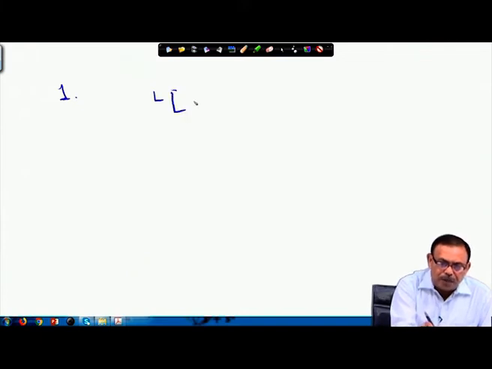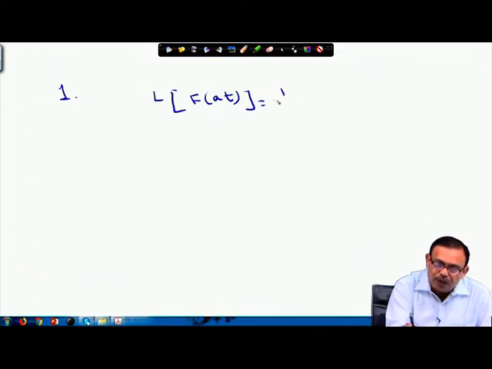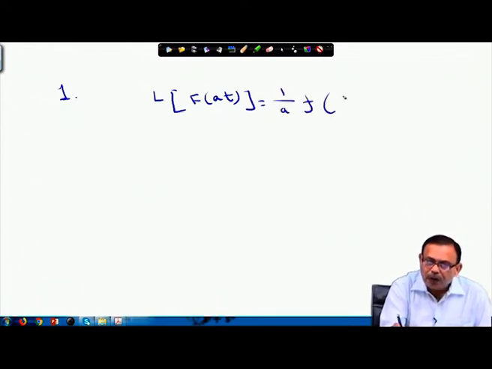Now, the next one, that is the Laplace transform of J0(at), number 1. You know this property: if the Laplace transform of f(t) is F(s), then the Laplace transform of f(at) is 1 by a into F(s by a).